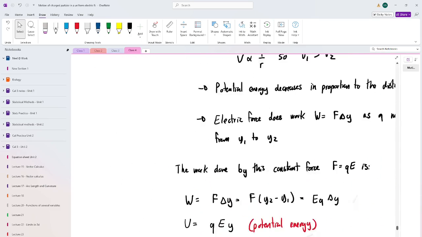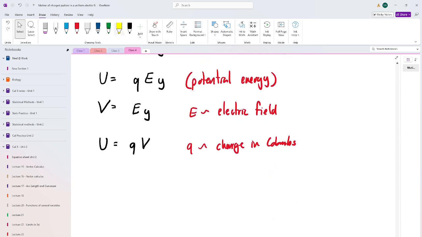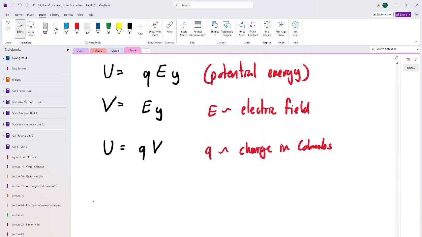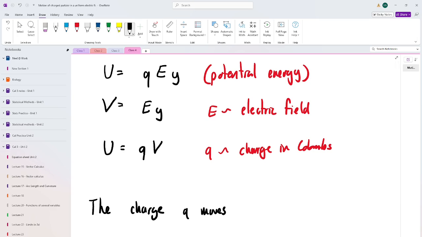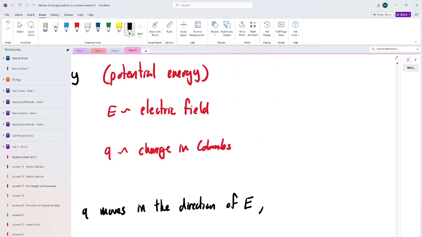So we can illustrate this now. Let me begin by writing it, and then I'll illustrate it. So the charge Q moves in the direction of E. E does positive work.